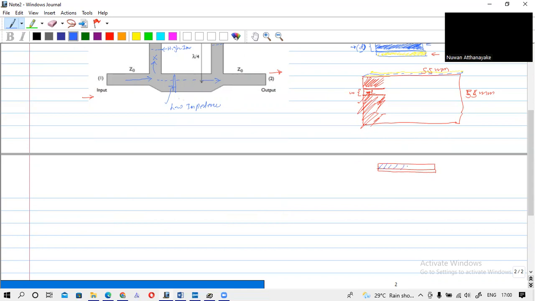This is dielectric material. And again we have our microstrip like this. So this is actually a microstrip. This is a copper plate, and this one also a copper plate. So this is our transmission line.